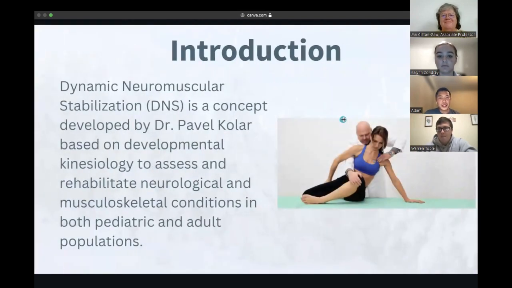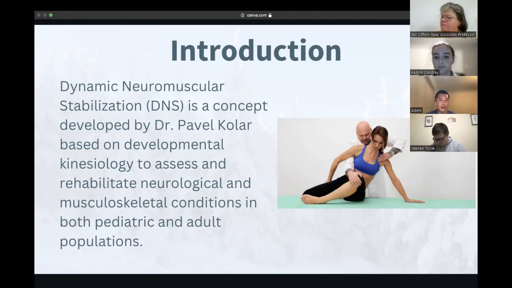Okay. So DNS is a concept developed by Dr. Kolar. He's from the Czech Republic, and he based this whole idea on developmental kinesiology. The idea is that we follow the developmental stages of babies, from 3 months all the way up to a year, where they start to walk, so a little bit more like adults now.